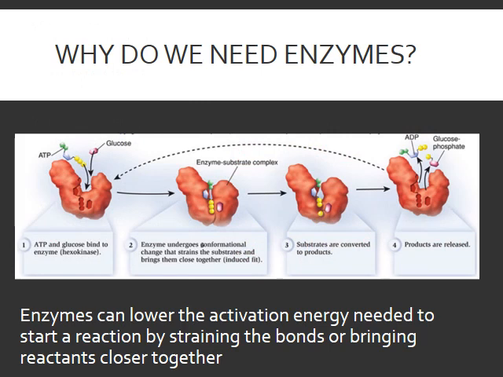So here we've got ATP and glucose. The ATP and the glucose are going to bind to an enzyme at the active site, and then they're going to be brought together. A phosphate is transferred to the glucose, and ADP, adenosine diphosphate, is released.